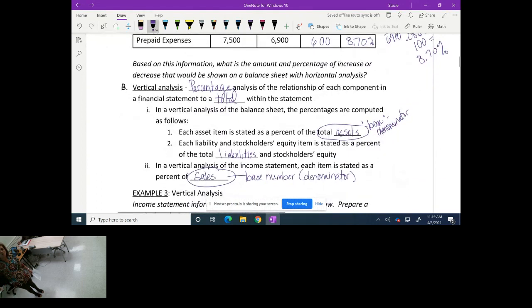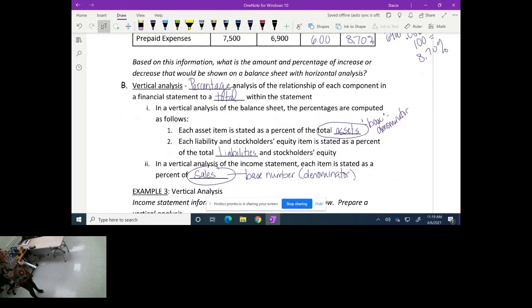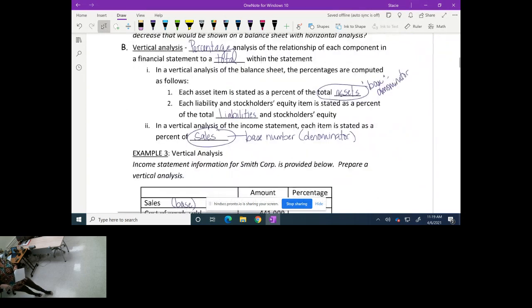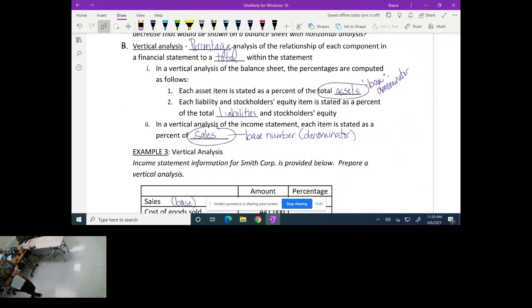All right, so vertical analysis, we're gonna kind of do the same thing, except we're going up and down. It's a percentage analysis of the relationship of each component in a financial statement to a total in the statement. In other words, each asset on the balance sheet would be stated as a percentage of total assets.